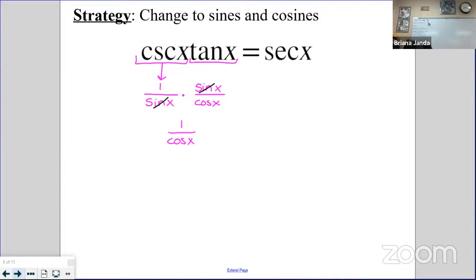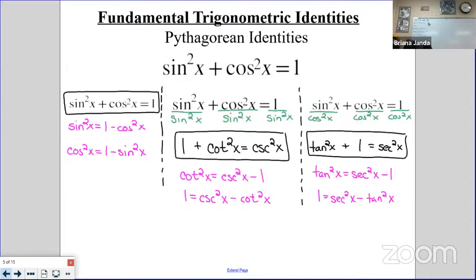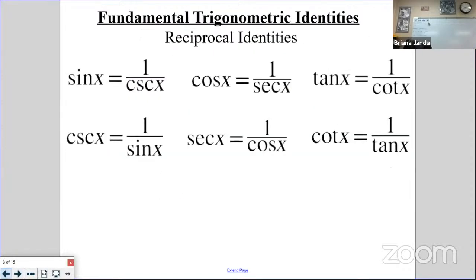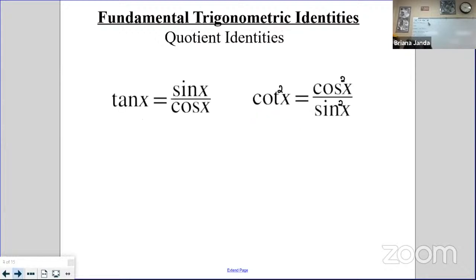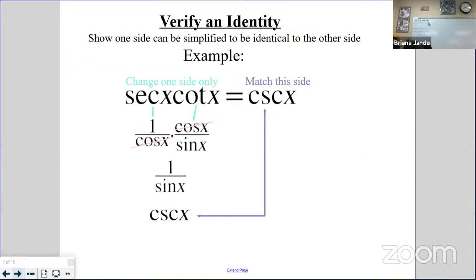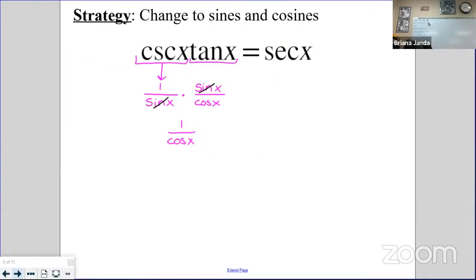If you go to your identity sheet, and this is really just algebraic replacing, substitution, I'm looking at this fraction right here. It can be replaced with this, right? It's just substitution from algebra. And so now I can replace, back to my page here, 1 over cosine of x with its identity, secant x. And as soon as we match the other side, we are done.